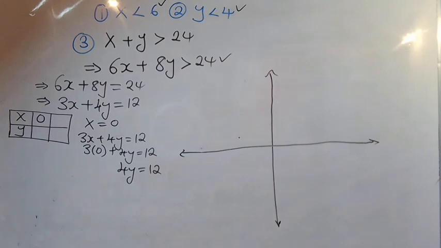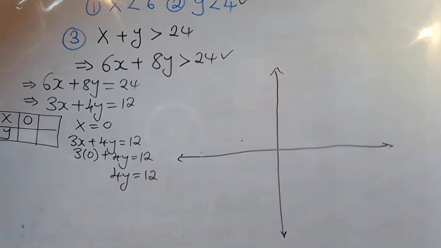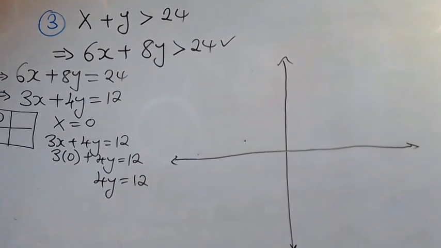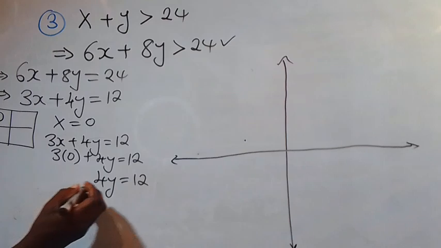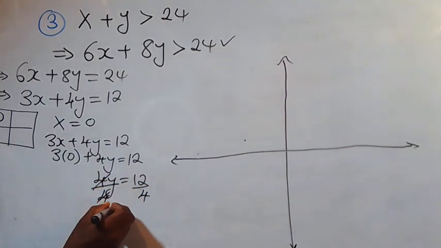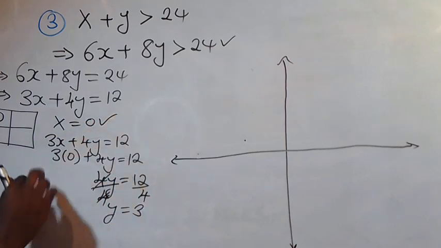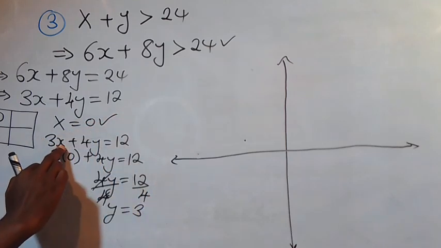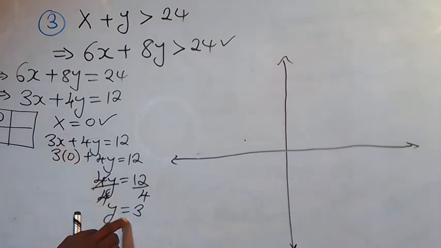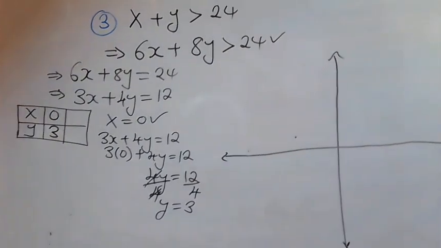So you divide both sides by 4, and y is just 3. So when x is 0, you plug it in the equation, and this is going to give you 3. So our y is 3.